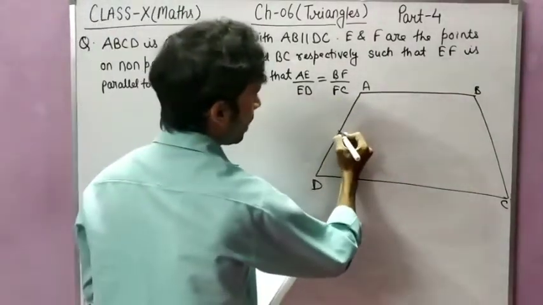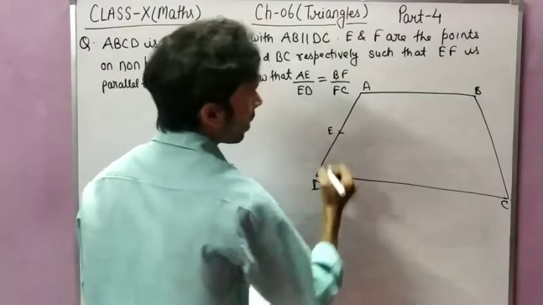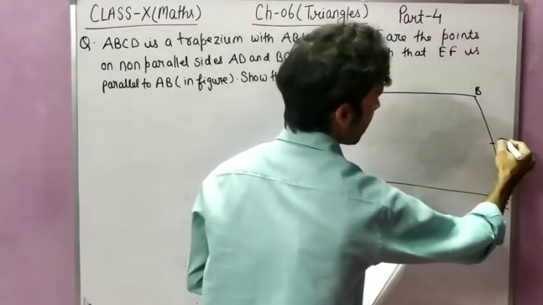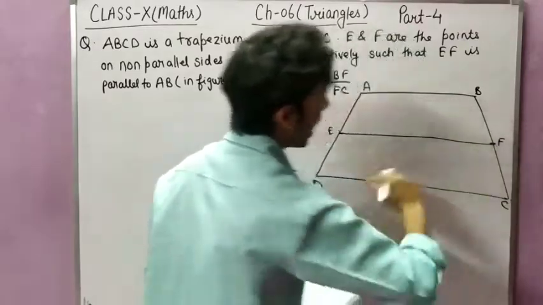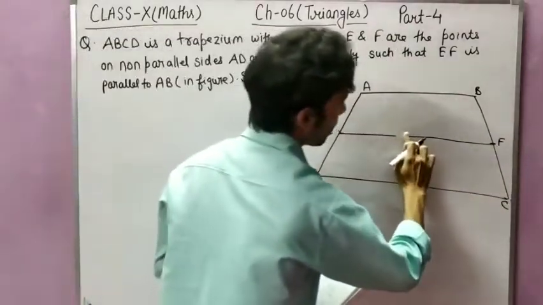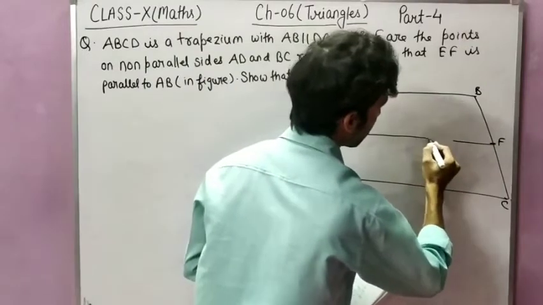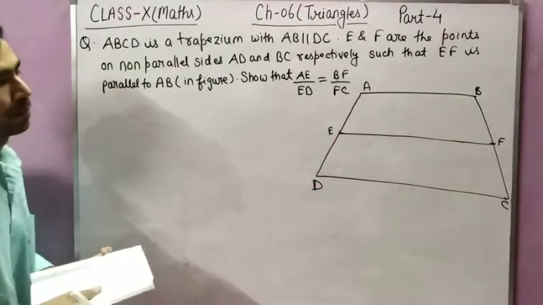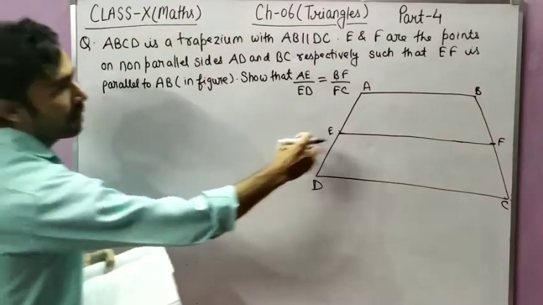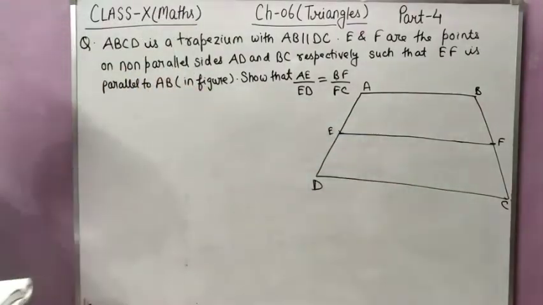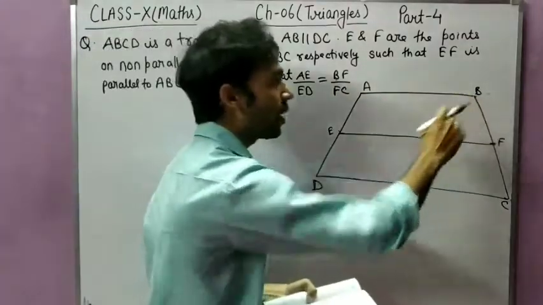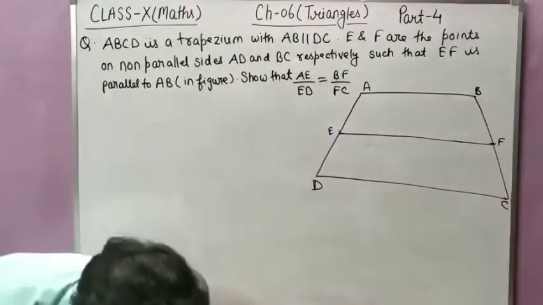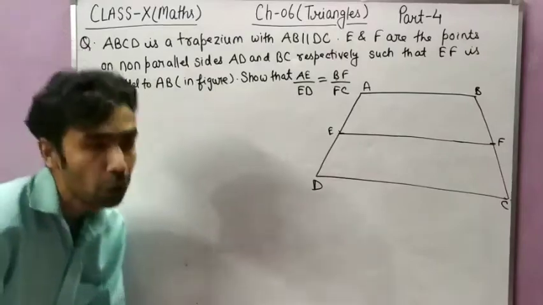So at AD, E is there, and at BC, F is there, and when we join EF, it is parallel to DC. EF is parallel to AB, which is given. So we have to prove AE upon ED equal to BF upon FC.